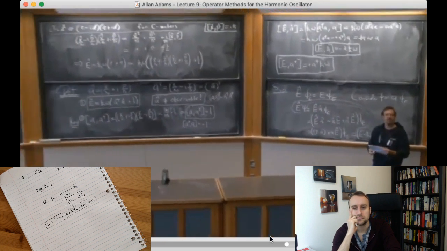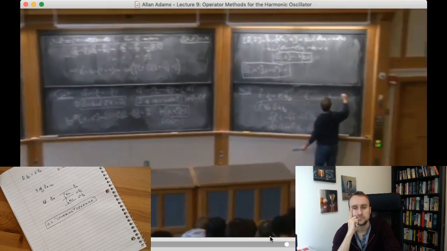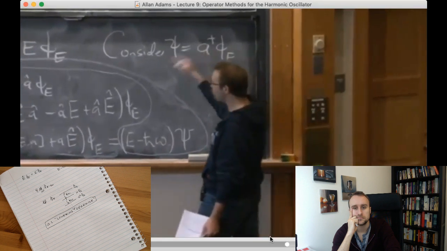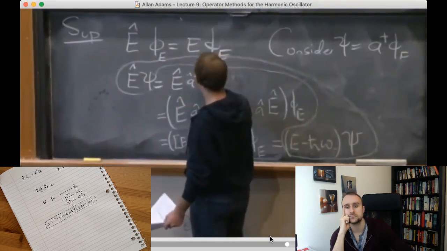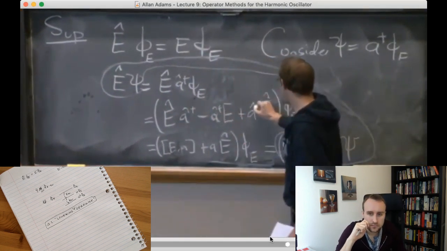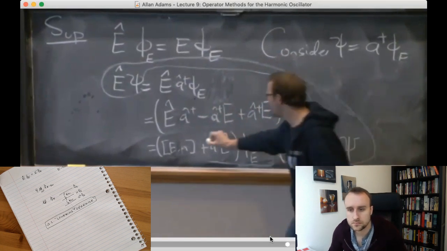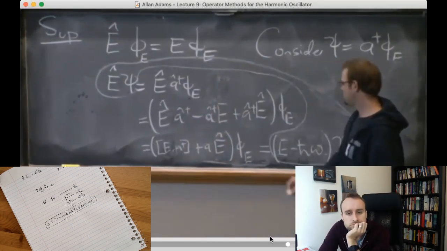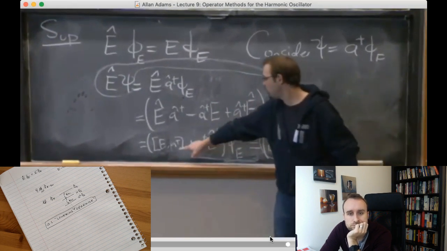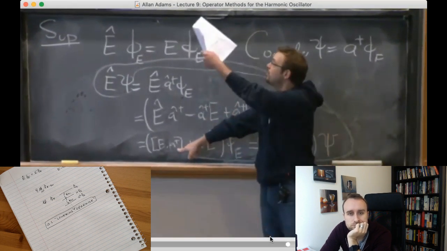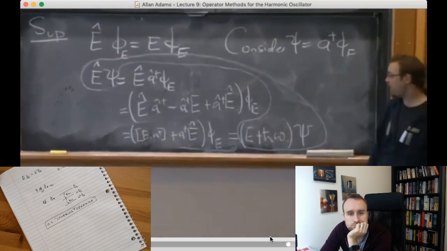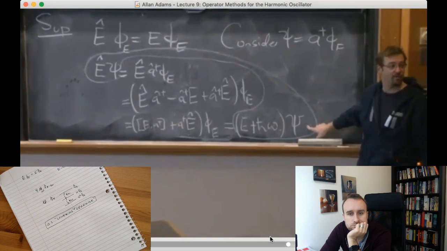Remember that? But we could have done the same thing with A dagger. How does this story change? What happens if we take A dagger instead of A? Let's go through every step here. So this is going to be H on A dagger. What's H with A dagger? Same thing, but with a plus. And again, psi, same thing, because the A dagger factors out.